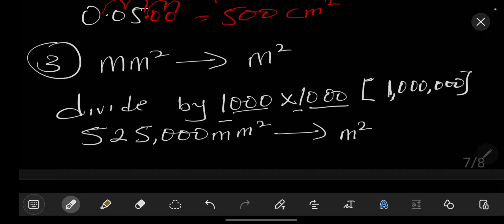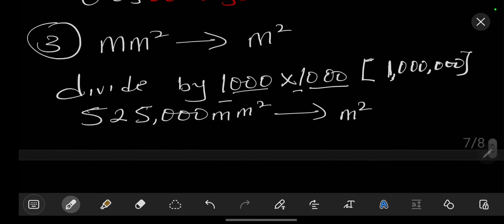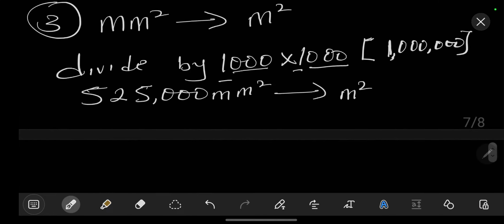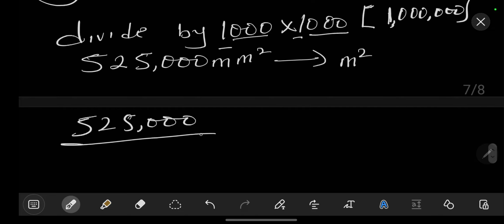It's very easy. This is because millimeter square is way smaller than meter square. So take this value, 525,000, divided by a million.